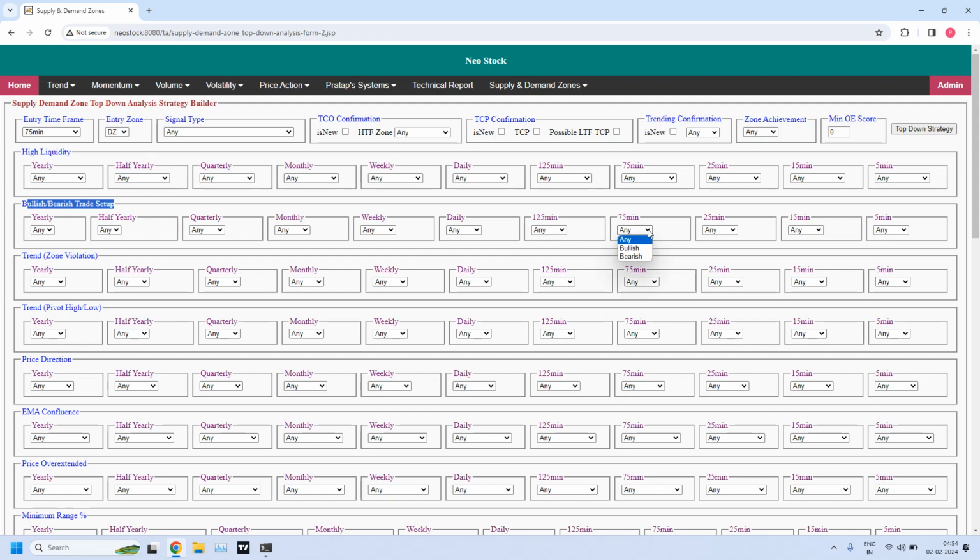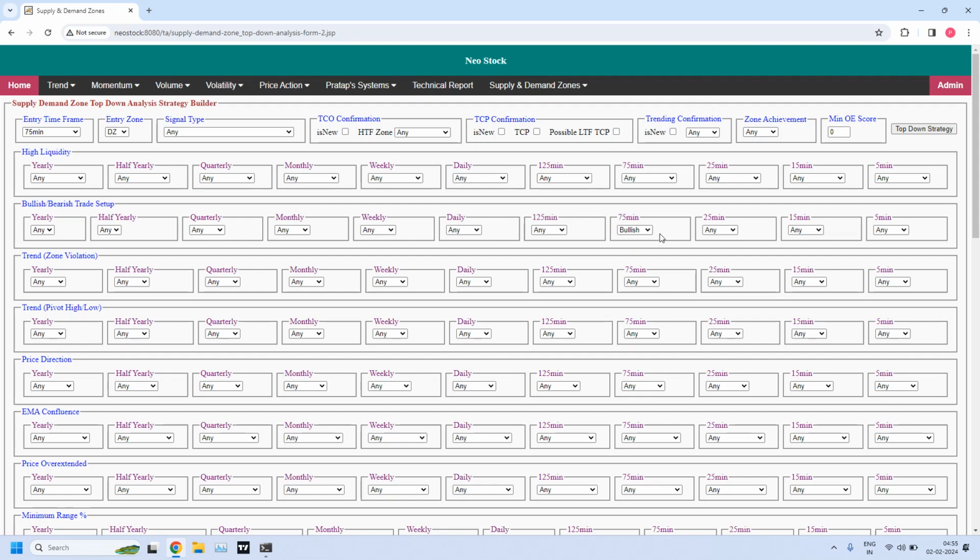Earlier we selected daily, now we are selecting 75 minutes bullish. That means your entry time frame should be 75 minutes and the remaining time frames should be daily and weekly. Based on that, this algorithm will generate the stocks.